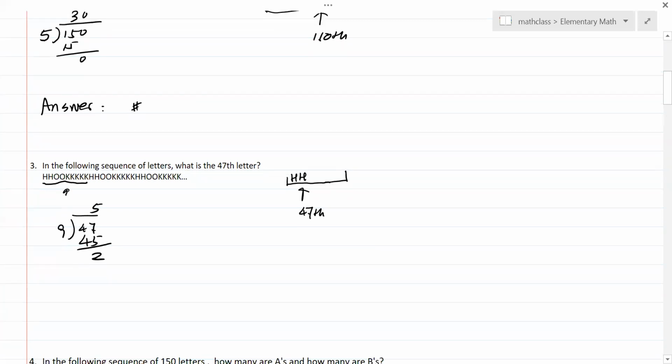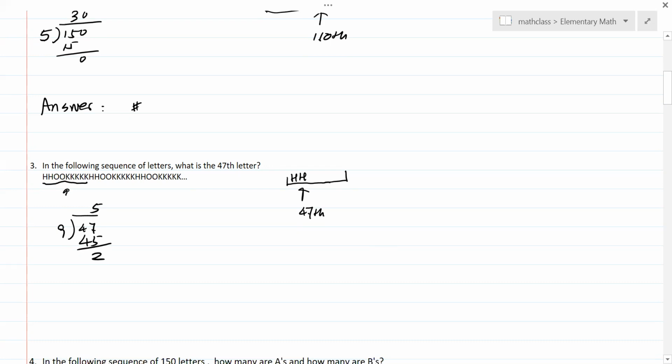How do you get a K? Okay, let me repeat again. This is a sequence of letters, and you look at the block which appears periodically.